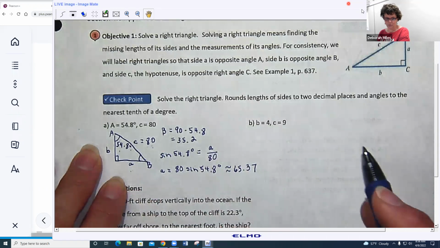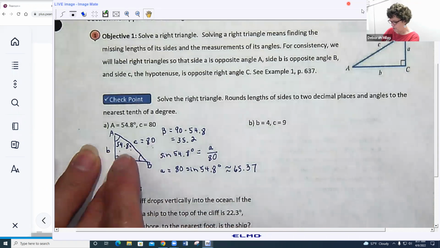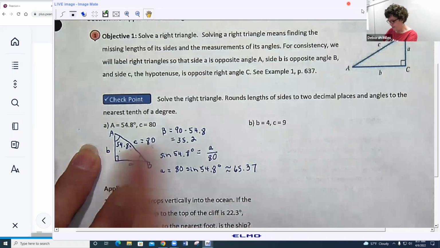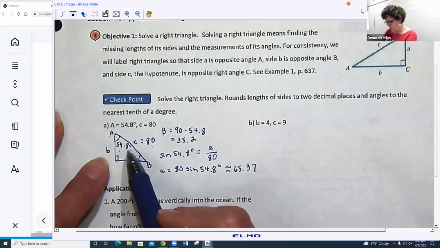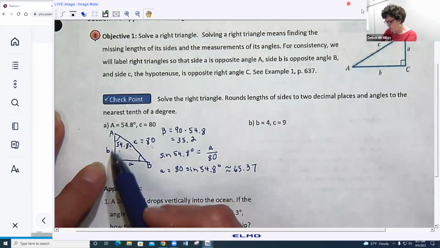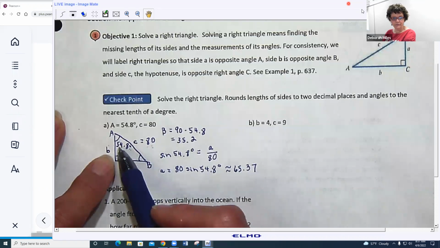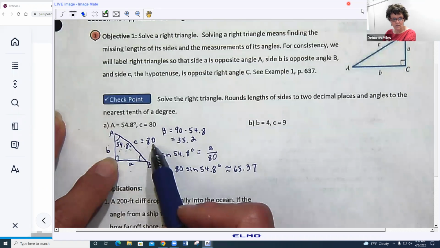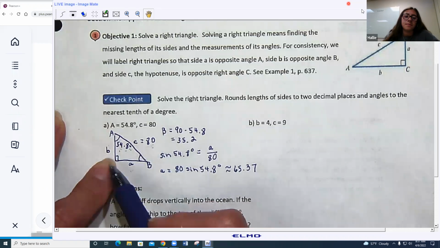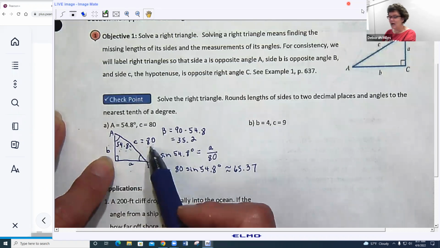I'm going to follow the NASA rule here and use the two values that I'm given to find b instead of this value that I've rounded. Which trigonometric function of 54.8 degrees would involve the angle, the side I'm looking for and the side I'm given? Which trig function of 54.8 would use b and c? Cosine. b is the adjacent side and c is the hypotenuse.